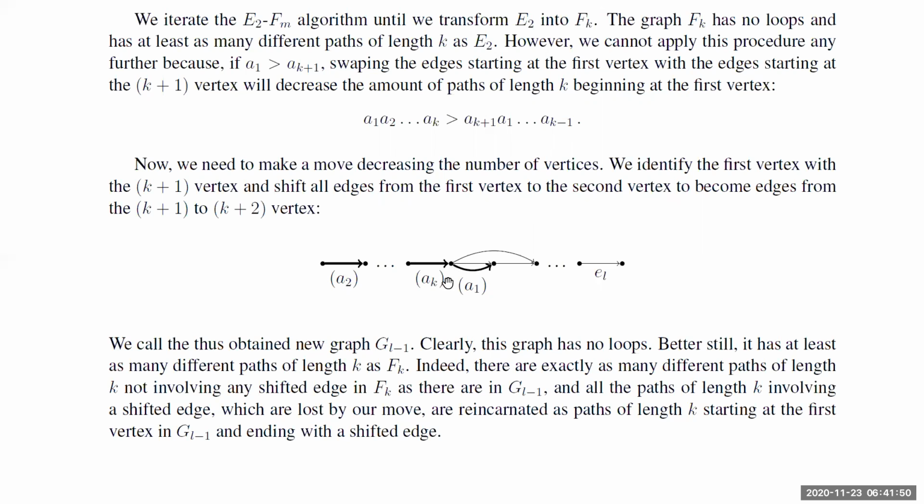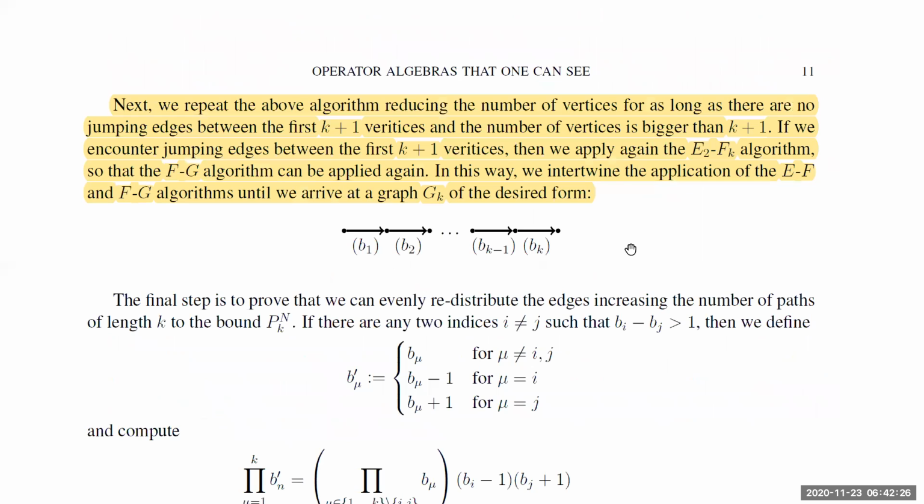Because now we are in a situation when we have a jumping edge at a place M, which is strictly less than k, right? Because we took away these first A1 many vertex edges, and we put them after AK. So now any path from here to there is only of length k minus 1. So if you have a jumping edge, our E2 to M procedure applies, because then M is simply equal to k minus 1, which is allowed. So that's the idea. Okay.